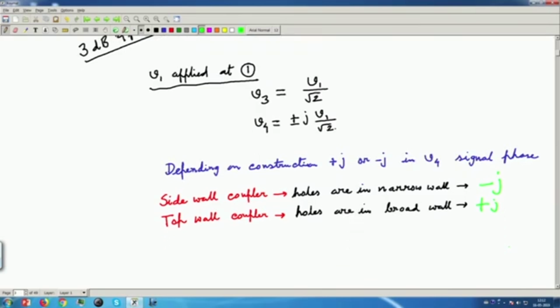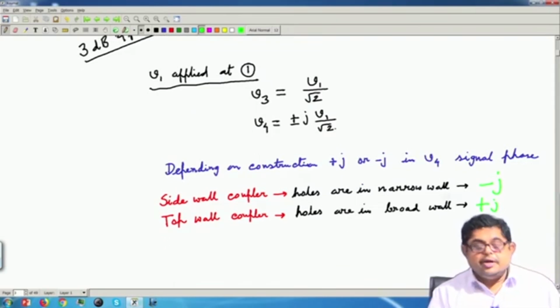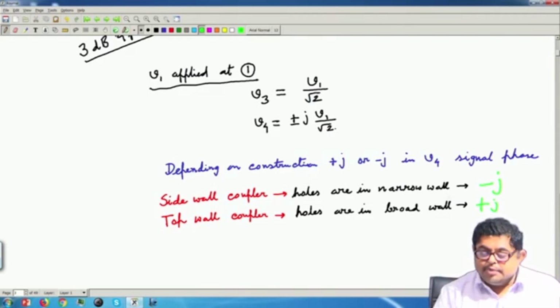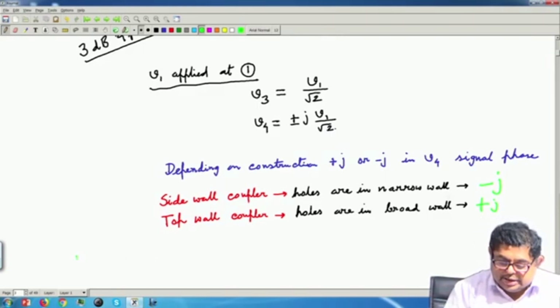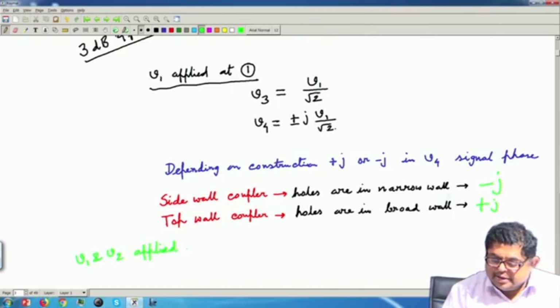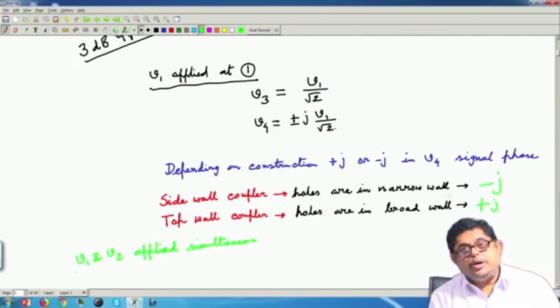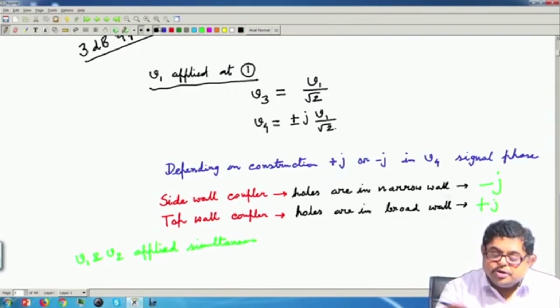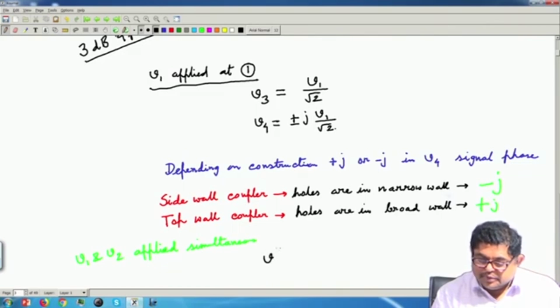Now, similar thing we can write for V2. So, if V1 and V2 are applied simultaneously, that means V1 is the voltage applied at port 1, V2 is the voltage applied at port 2. So, what will happen to port 3?